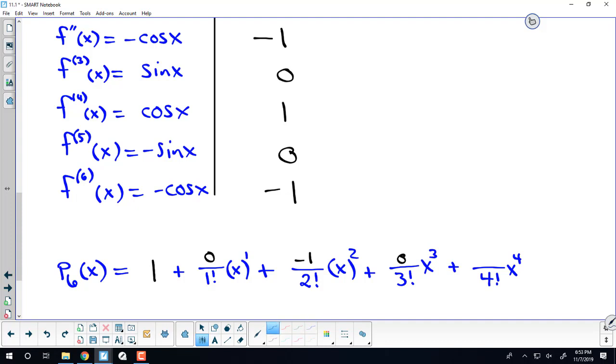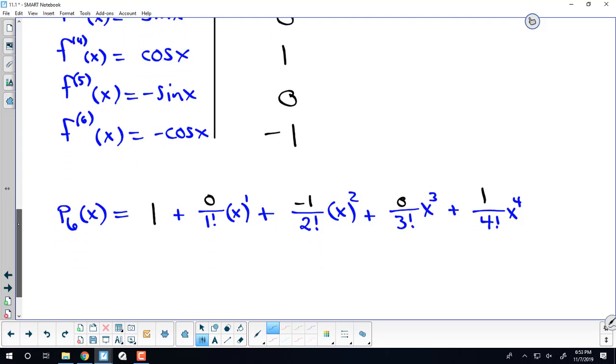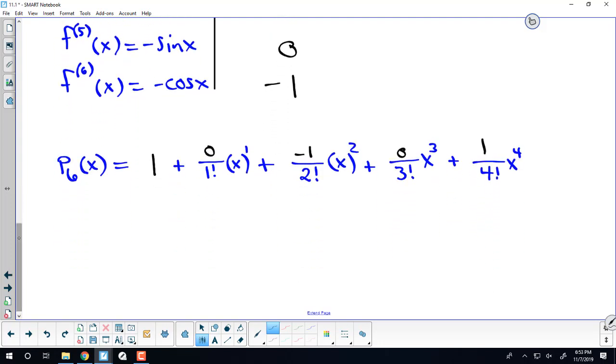That coefficient was 1. The next term, coming from the fifth derivative, over 5 factorial x to the fifth, coefficient there is 0.